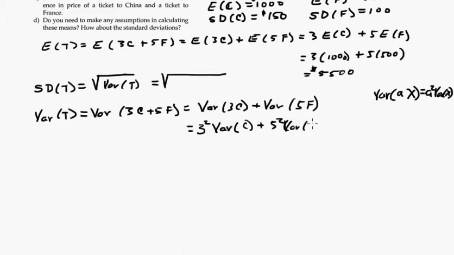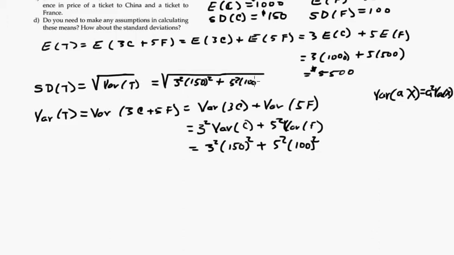Okay, so the variance, remember, is always the standard deviation squared. So that's 3 squared times 150 squared plus 5 squared times 100 squared.